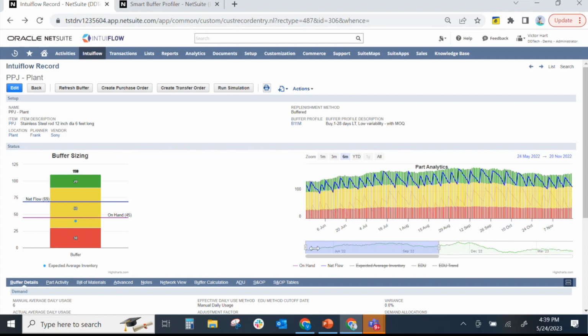And then our on hand should follow a similar pattern. So we've got similar sawtooths between the net flow and the actual on hand here. And we want that actual on hand to be sawtoothing around the expected average inventory, which is that light blue line there. It might be kind of hard to see on the projector.